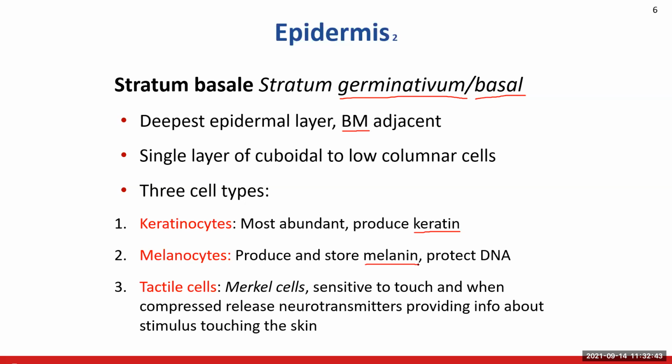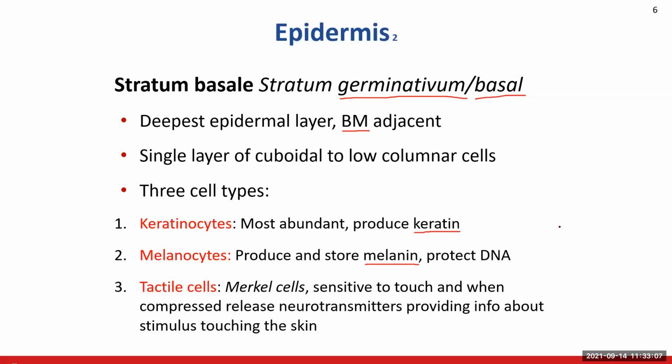The interesting fact is all of us have roughly the same number of melanocytes, but certain people's melanocytes produce more melanin, so they'll have darker skin tone. Some people like myself, my melanocytes don't produce a lot of melanin, so I'll have a lighter skin tone. The last type of cell is the tactile cells, also known as the Merkel cells.